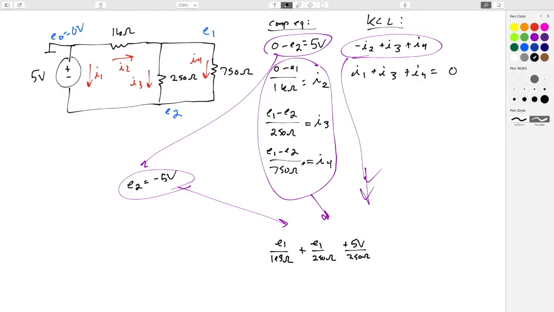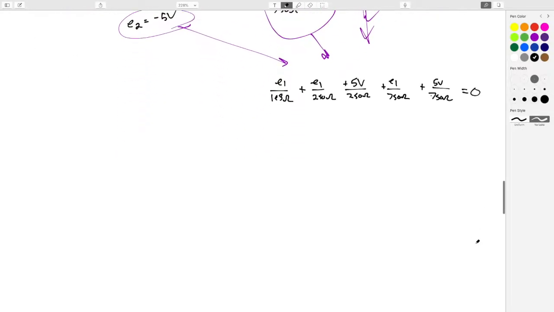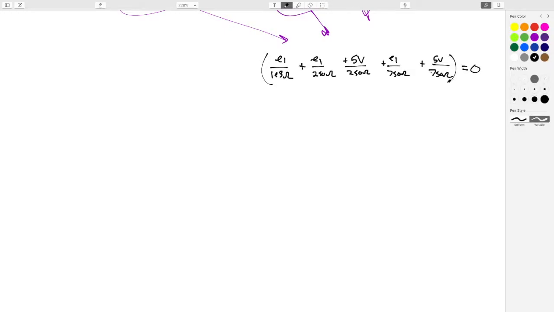Then plus I4, so plus E1 over 750 ohms minus E2, or minus negative 5, so plus 5 volts over 750 ohms equals 0. Again, I'm going to multiply the whole thing by 3,000 just to clean up the denominator. That's going to be 3E1 plus 12E1 plus 60 volts plus 4E1 plus 20 volts equals 0.